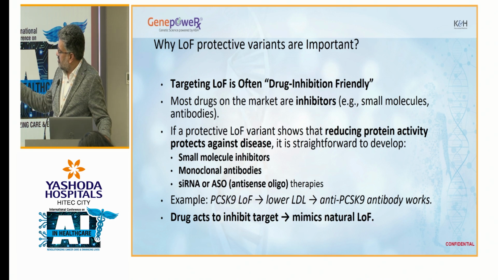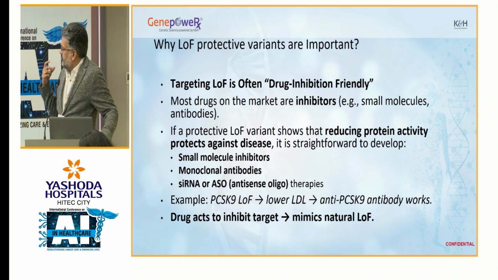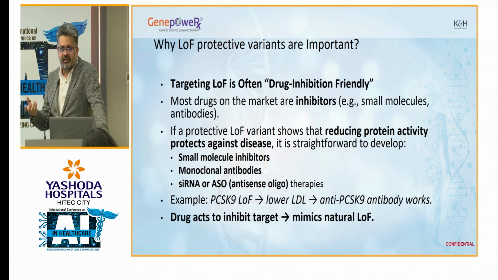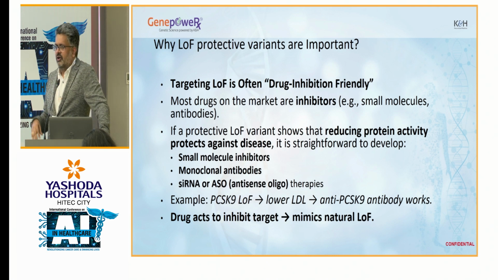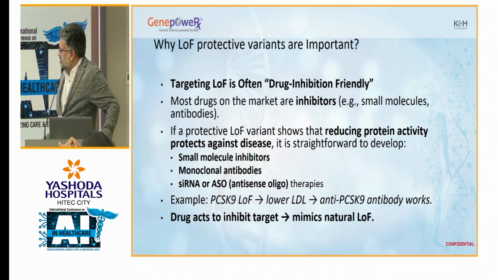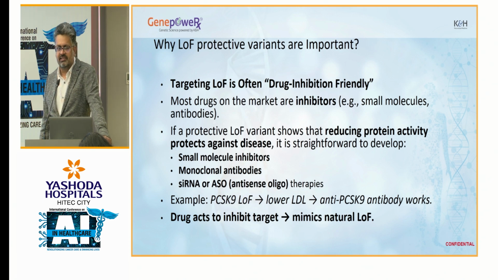Right now it is very easy. Whatever medicines you know of that exist are inhibitors. If you know a loss of function, you can inhibit it, and those are the medicines, all the small molecules, that we know of. Every tablet you take from a physician is an inhibitor: a small molecule, monoclonal antibody, or siRNA. Right now, there is a mad rush behind the PCSK9 loss of function variant, which is inclisiran.